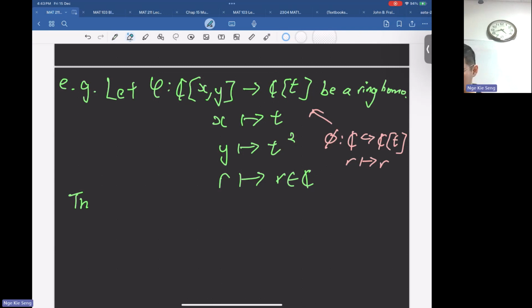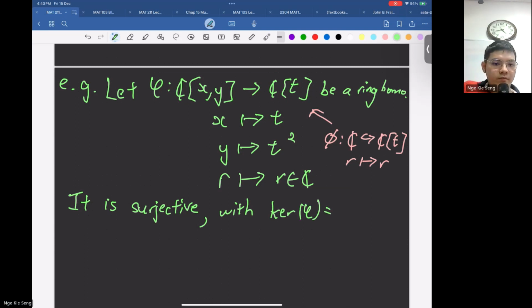So since it is surjective, meaning there's some kernel here. But what's the kernel? What is this kernel here? Yeah. Sorry, x squared minus y. Okay. And last time someone asked me, if I put x squared minus y here, can I write y minus x squared? Can or not?